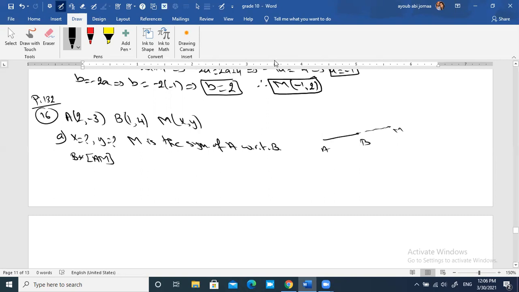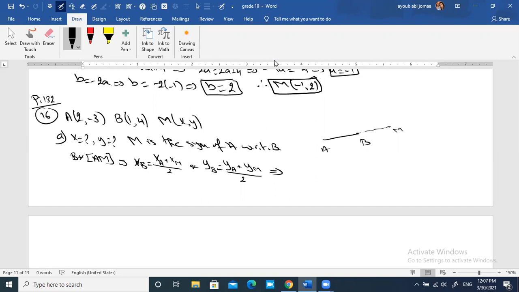X of B is equal to X of A plus X of M over 2, and Y of B is equal to Y of A plus Y of M over 2. Now let's put the numbers.